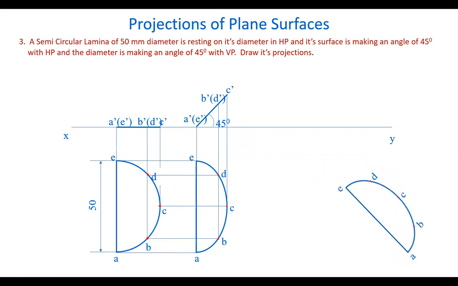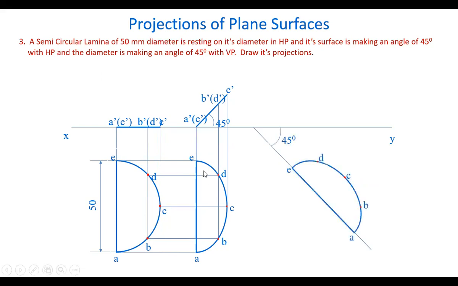So let's take a line here, like this, tilting, rotating the semicircular plate, so this AE edge will be at 45 degrees angle. To draw this, let's take a line here at 45 degrees angle and take this AE edge on the 45 degrees line. With these two points as reference, we get all the other points, B, C, D. Now, to get the front view, draw projectors from all the points and draw horizontal lines from these points here.